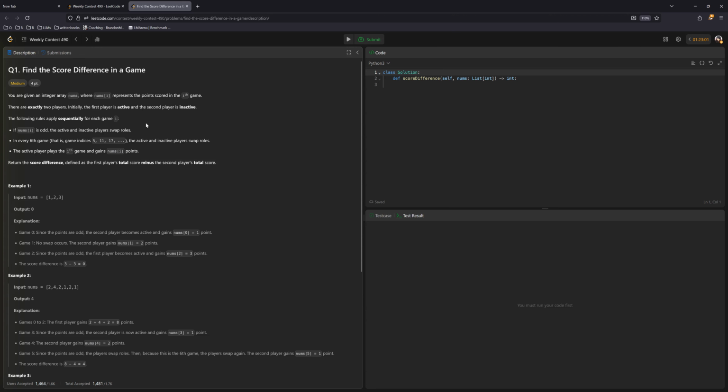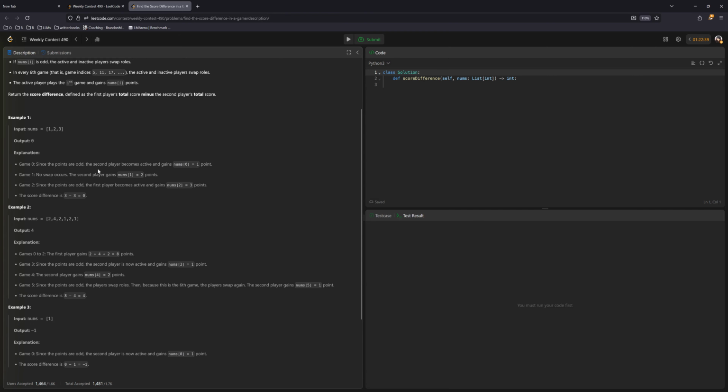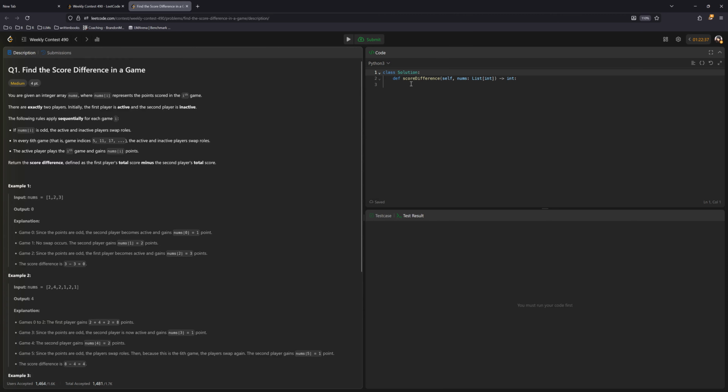If nums[i] is odd, the active and inactive players swap roles. Since the points are odd, the second player becomes active and gains... Initially, the player is active. Okay. Player 1 equals true, I guess.